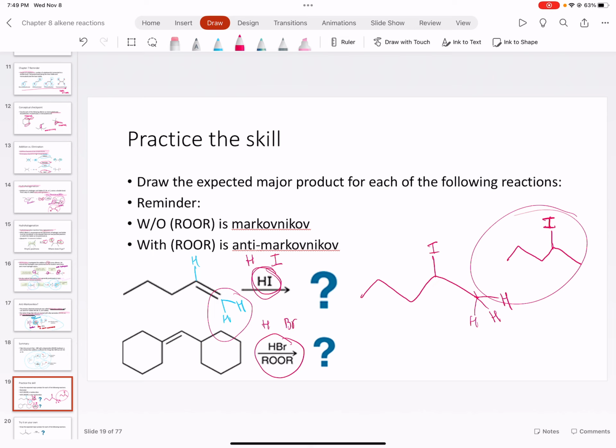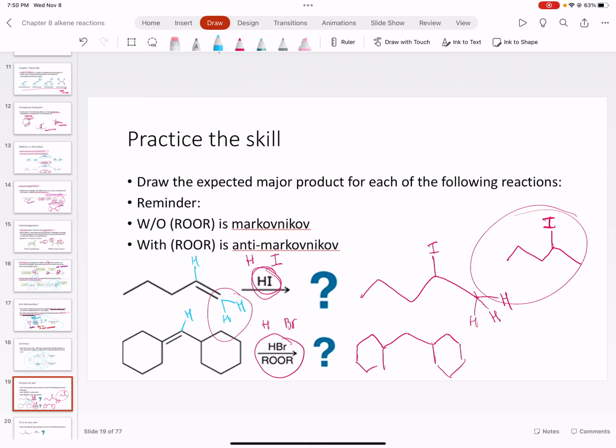So then, for example, let me make it nice in here. In here I have 1 hydrogen, and on the other side I don't have any hydrogens.